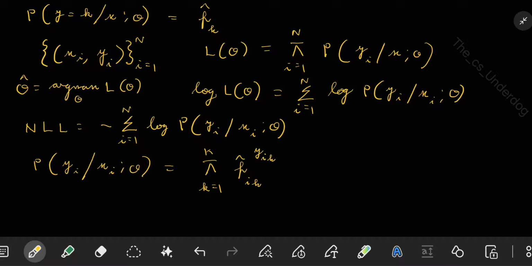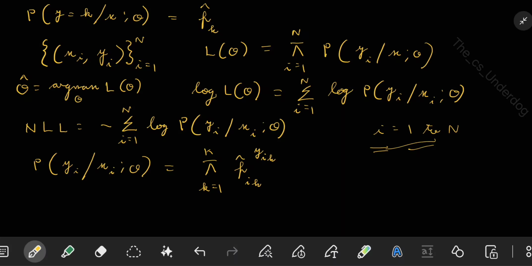This means you have k classes. We are talking about ith example, so i is equal to 1 to n. You have n examples. Let us take case of one particular ith example. For that ith example, you have already found out k different probabilities, which are the k different probabilities that the model is outputting.